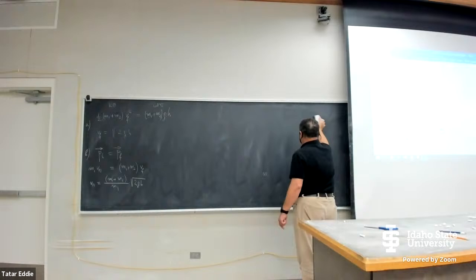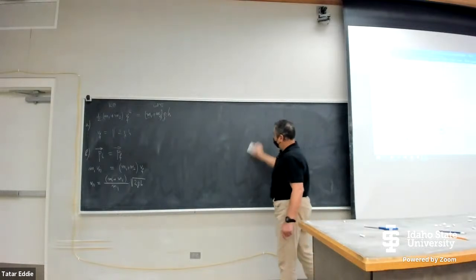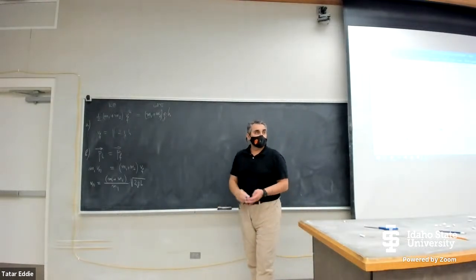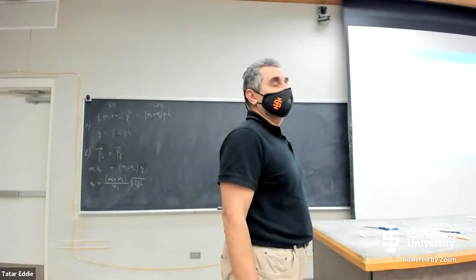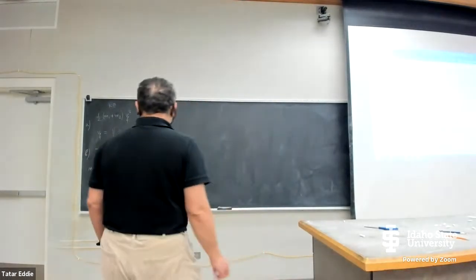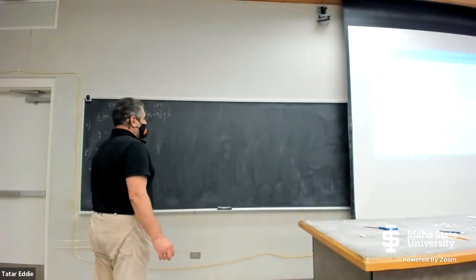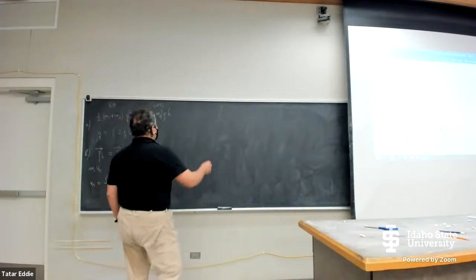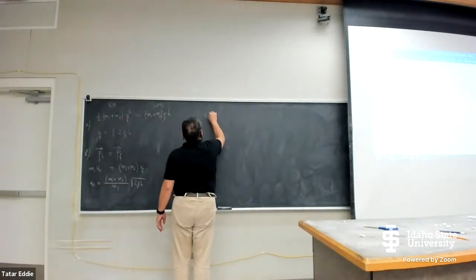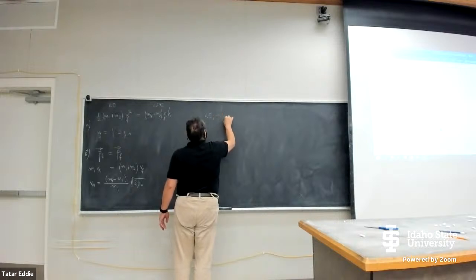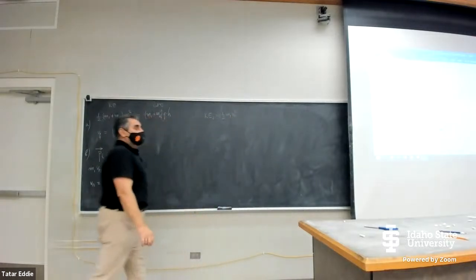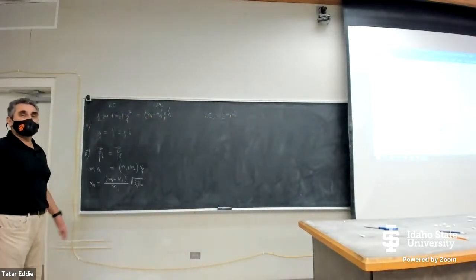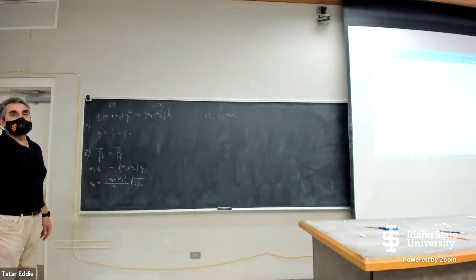And part C is what percentage of the initial kinetic energy is lost. So look, the kinetic energy before the collision is 1/2 the mass of the bullet times the speed of the bullet that we just calculated. This is the initial kinetic energy just before the collision.